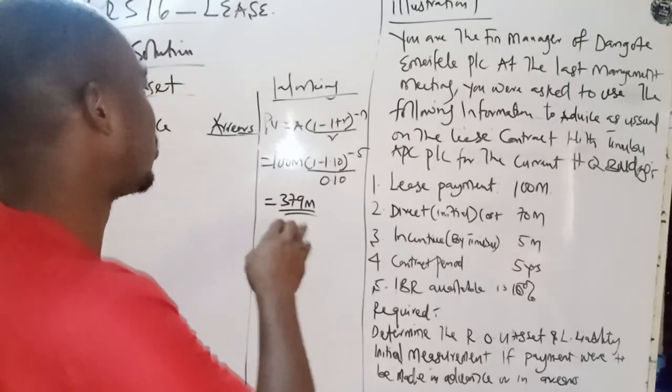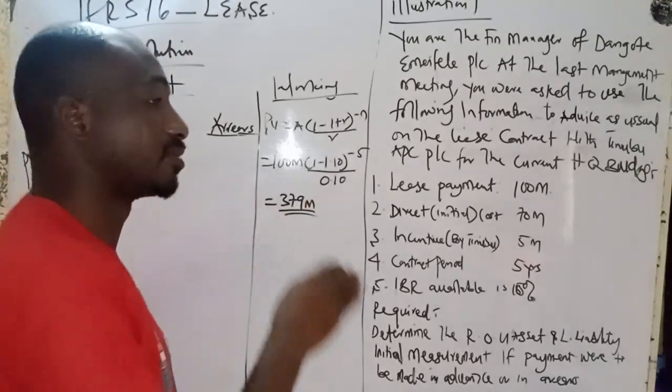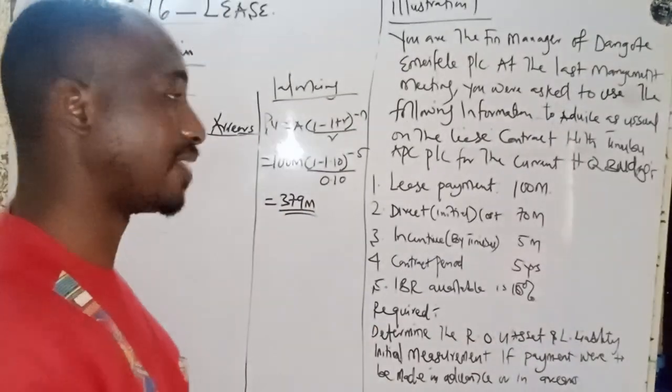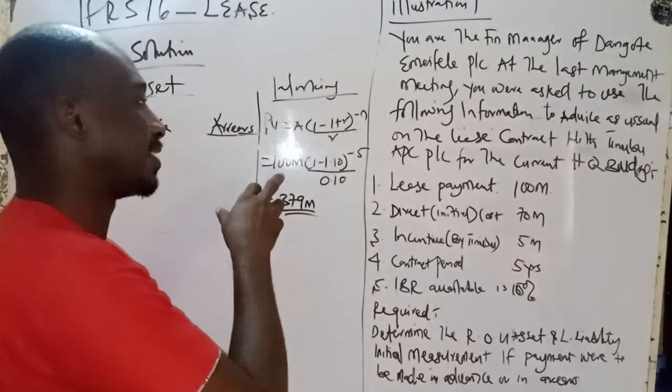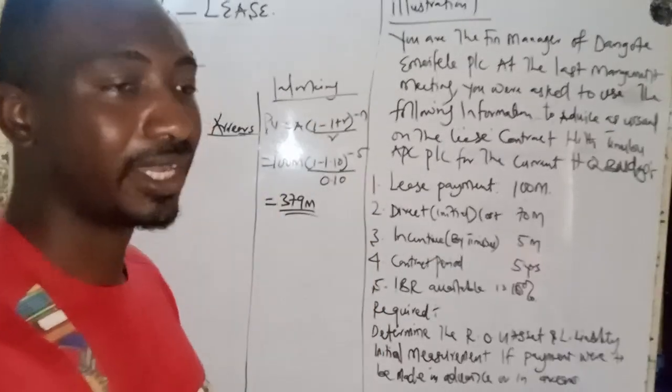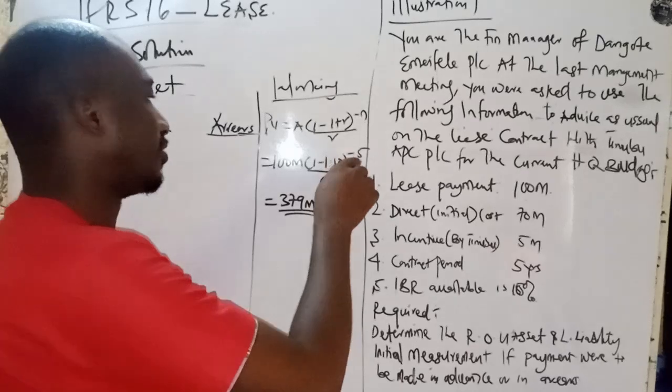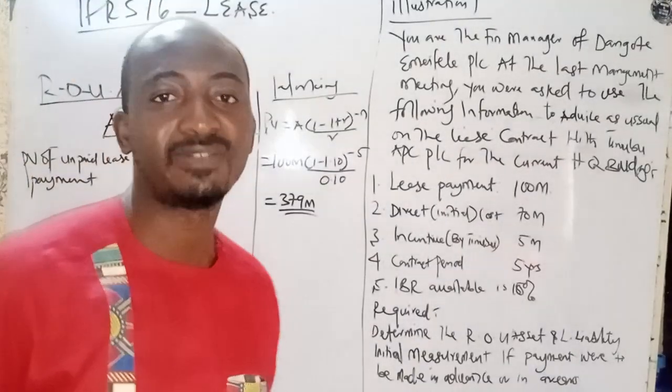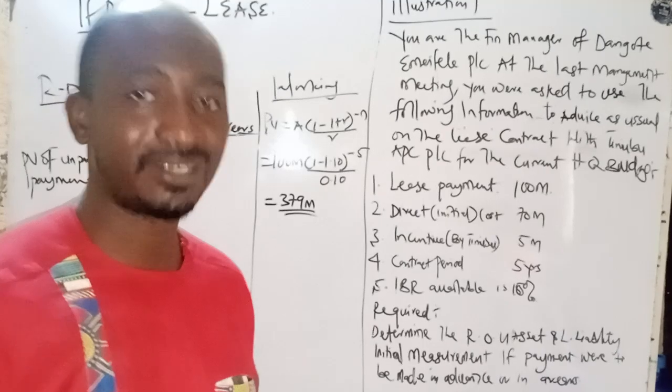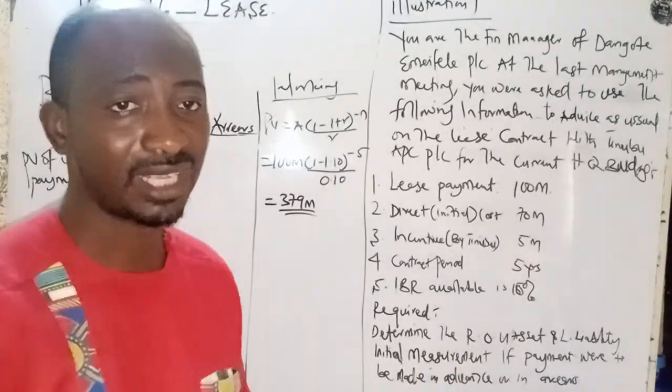We were supposed to do 100 million in 5 years under arrears. But since they say they have made payment for 1 year already in advance, it means they have already paid out the 100 million. They have already made payment before now.